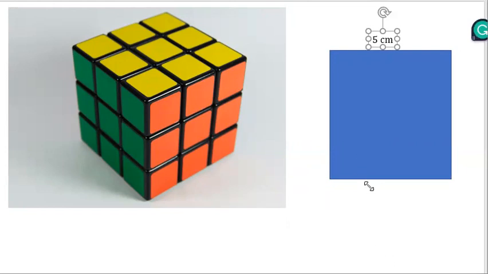This would be 5 centimeters all the way around. This, however, is 2-dimensional, which means you only see this side of it. This is 3-dimensional.